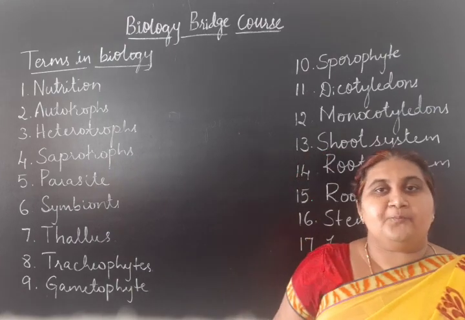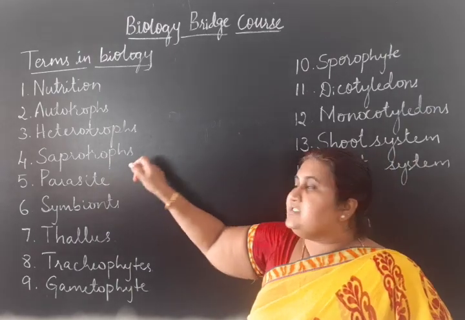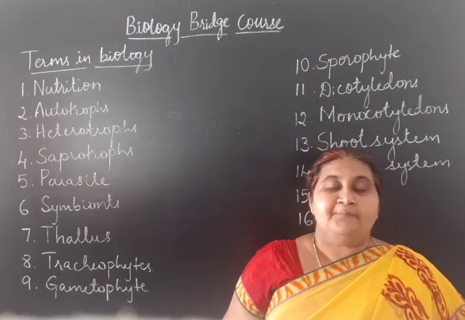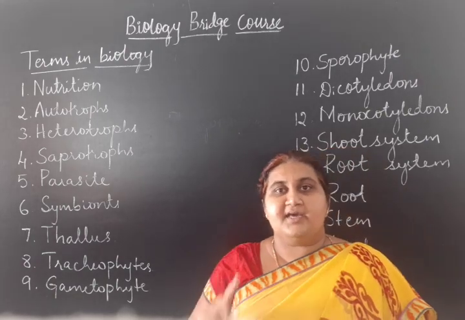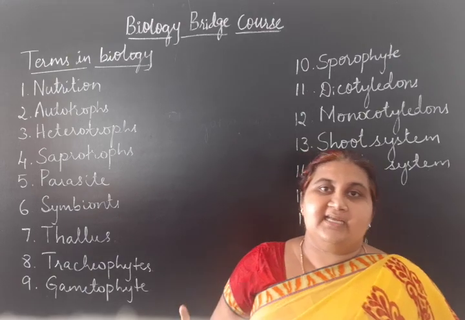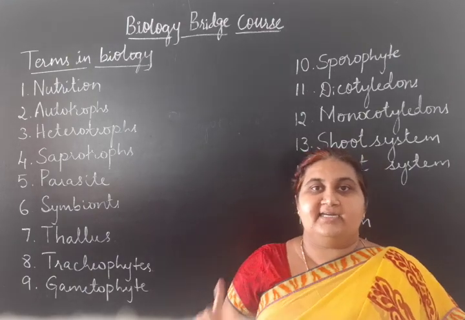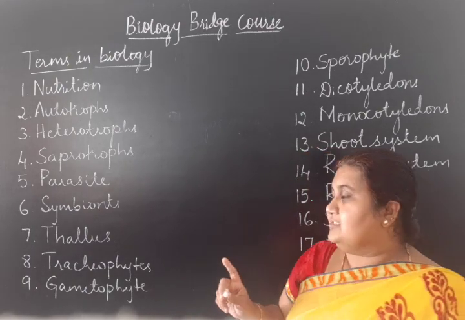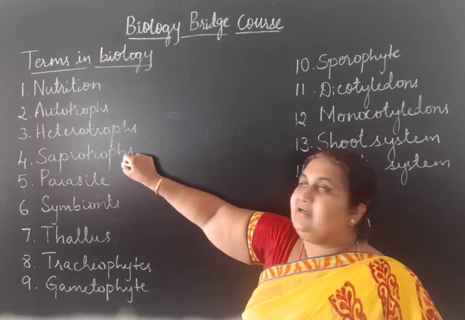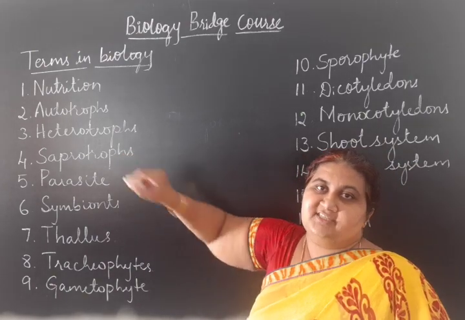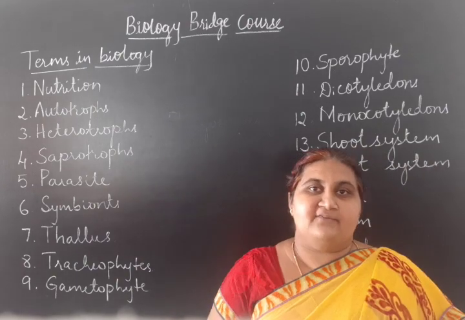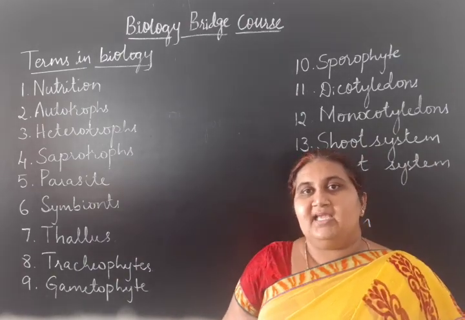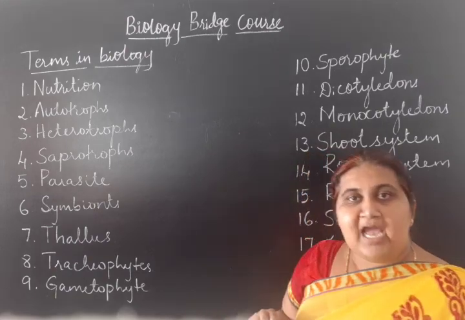Saprotrophs. Sapro means rotten, trophos means nourishment. The group of organisms which obtain their nourishment from dead and decaying matter, dead remains of plants and animals, are called saprotrophs.